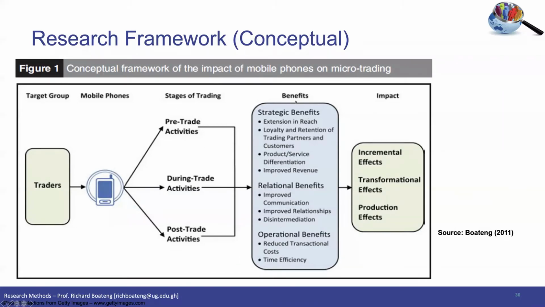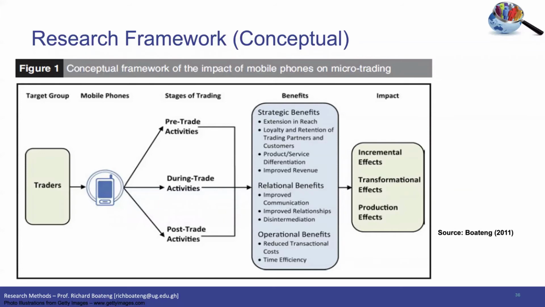This benefit is coming from information systems, IT and commerce literature that talks about the categories of benefits you can get from IT and commerce. This last part is coming from mobiles and development literature that talks about what impact mobiles give to people when they adopt it. So I combined these categories together to develop a framework, or we call it a conceptual framework, on the impact of mobiles and micro trading.